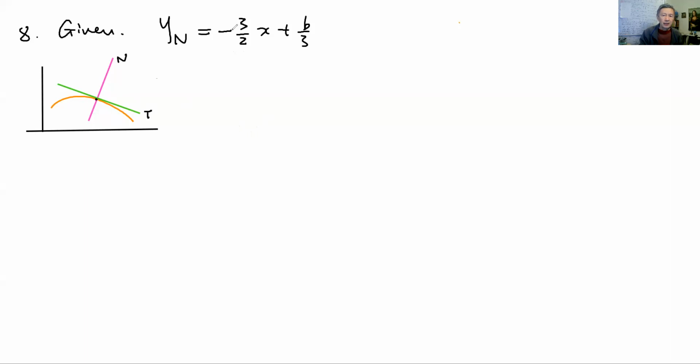Okay, this time pay attention to this one. This will be the gradient of this normal direction. So this is y, this is x. What they're looking for is the tangent. What is the function they have? I probably didn't copy that one.